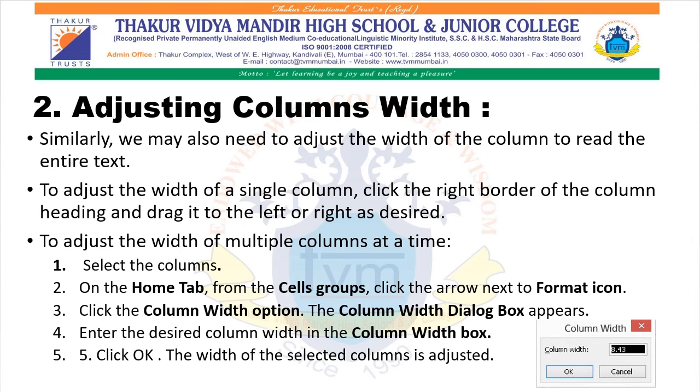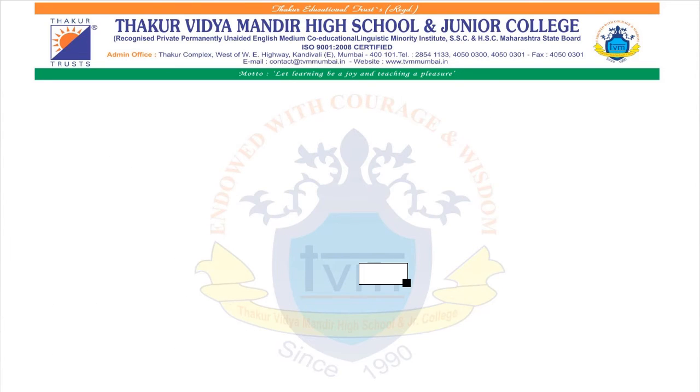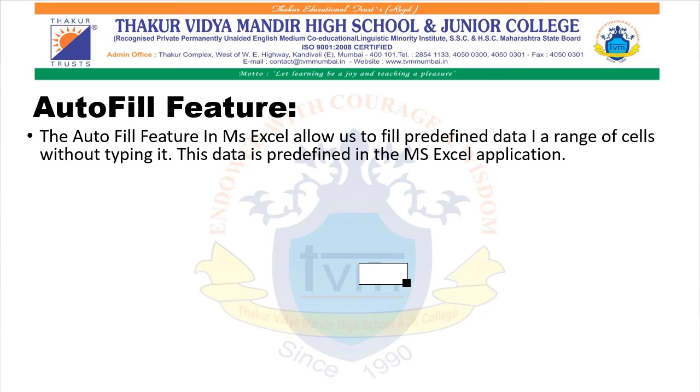Next, we are going to learn about the autofill feature. The autofill feature generally allows us to fill predefined data in a range of cells without typing it again. So if we want to write the days of the week, it is time consuming to write Monday, Tuesday, Wednesday in the cells.